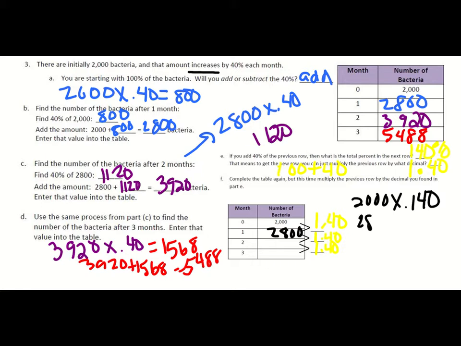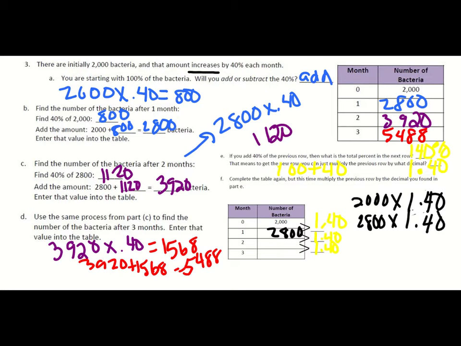And then I'll do 2,800 times 1.40. Oops. Okay. Let me go back and fix that. I didn't write that down right. Hold on, let me fix that. 1.40.